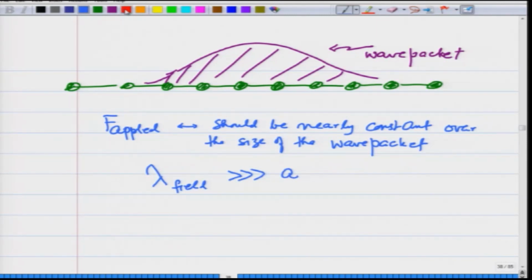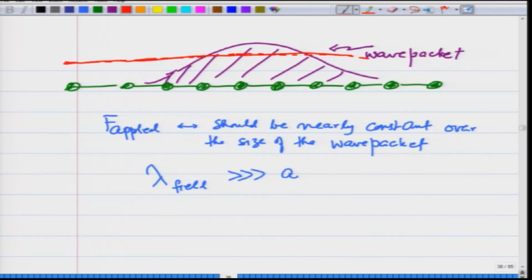So that if I see the field, it is nearly a constant over the wave packet, and then it may just die down. So, this lambda you can see is huge. Obviously, if I apply a static field, a constant electric field, lambda is infinity, and there is no problem in studying the dynamics of the wave packet. So, this is the kind of setup I wanted to give you.